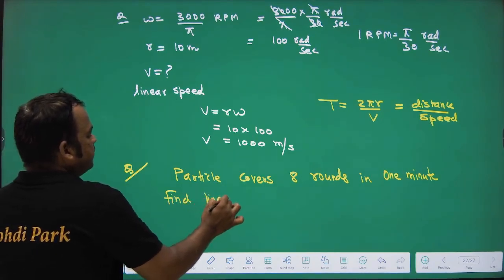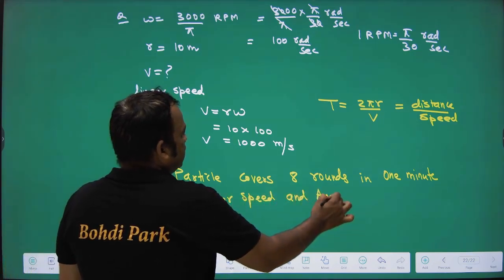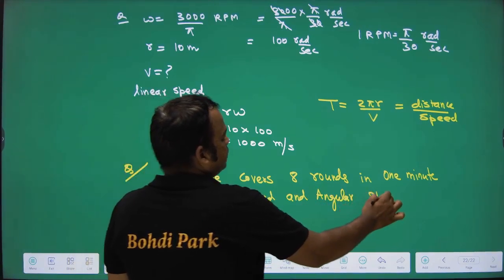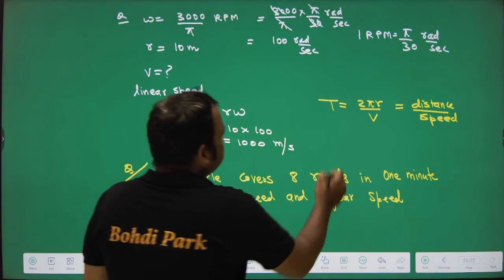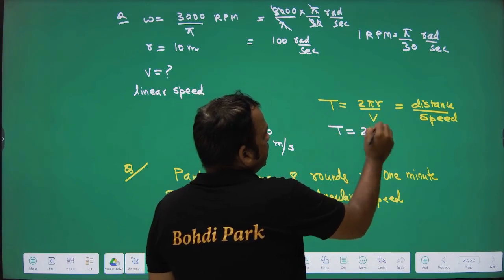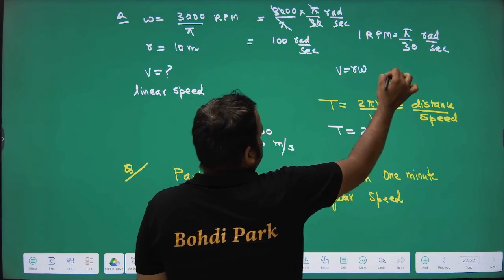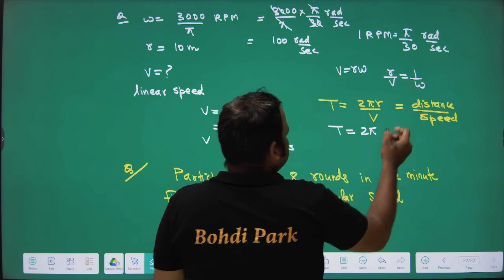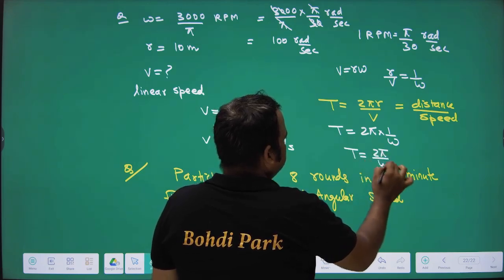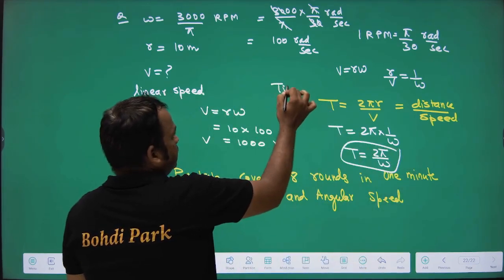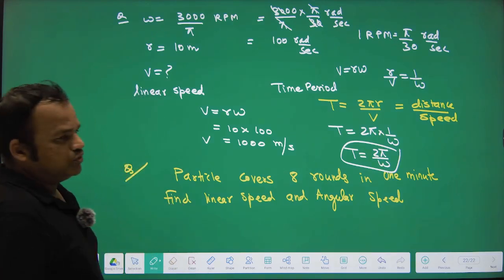Find the linear speed and angular speed. So time period can be written as T is equal to 2 pi into r by v. Now we know that v is equal to r omega. So r by v will be 1 by omega. So this is 2 pi into 1 by omega. So time period can be written as 2 pi by omega. This is the formula for time period in circular motion.